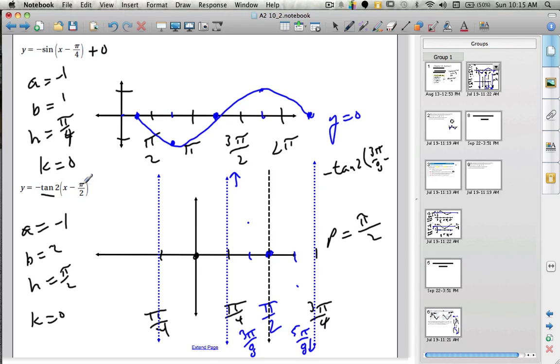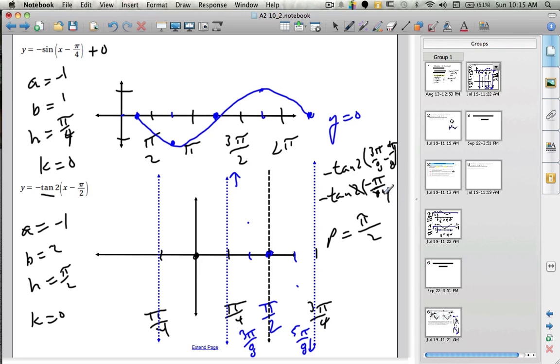That's 4 pi over 8. I'm sorry, I'm making a mess here. So this is going to be the opposite of tangent 2 times negative pi over 8, because 3 minus 4 is negative 1. And when I do this, this is going to be pi over 4.